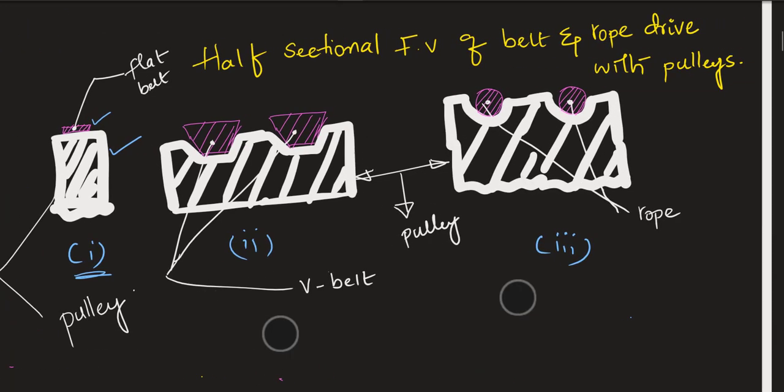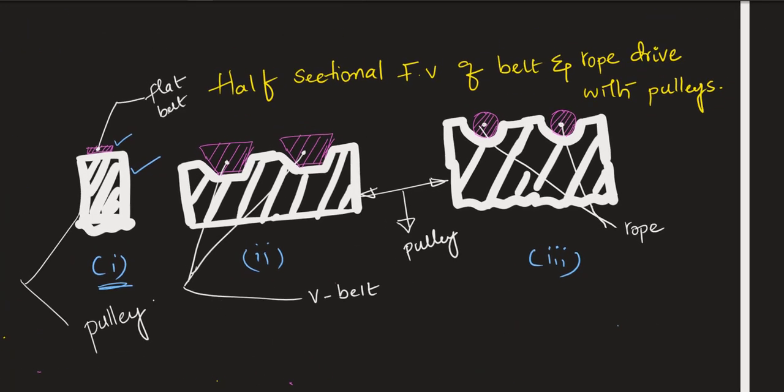Whatever you are seeing is a half sectional front view of a belt and rope drive with pulley.